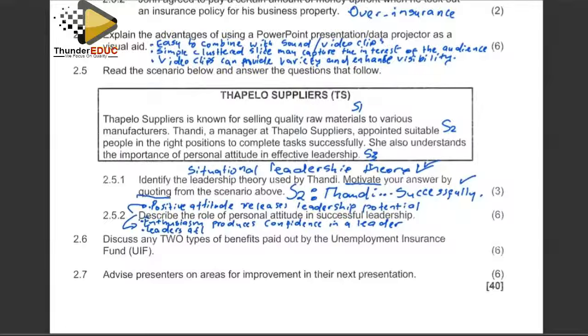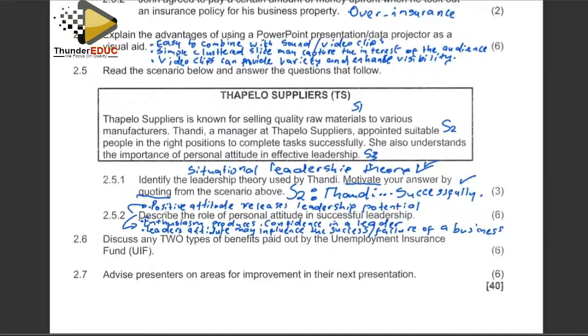Leaders' attitude may influence the success or failure of a business. Okay, right.